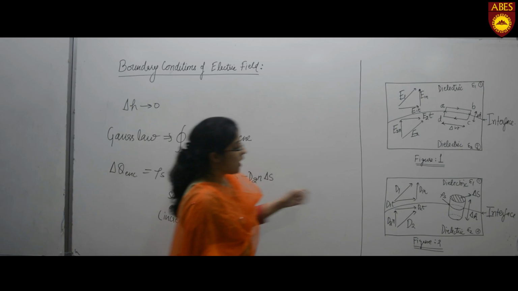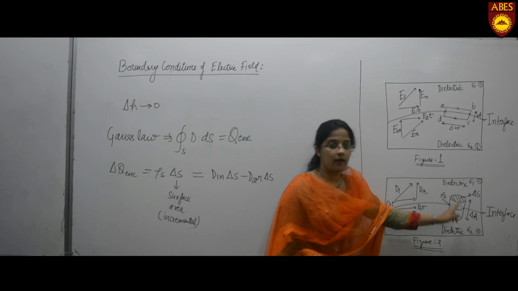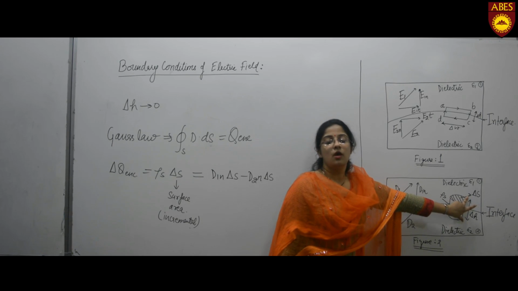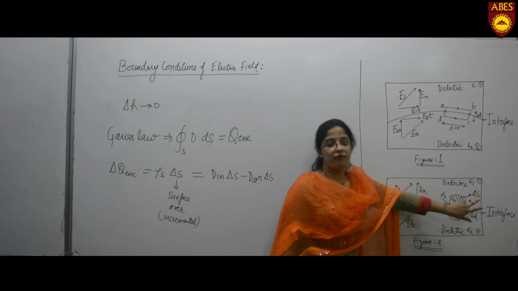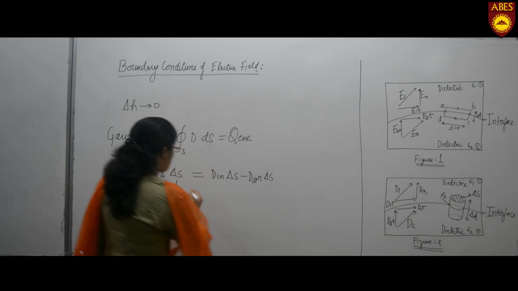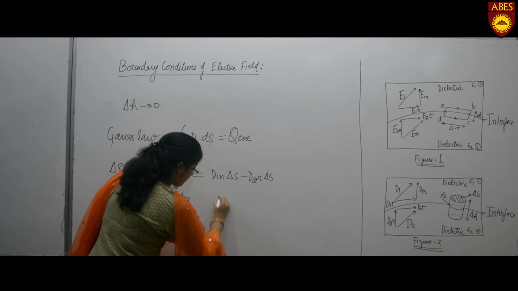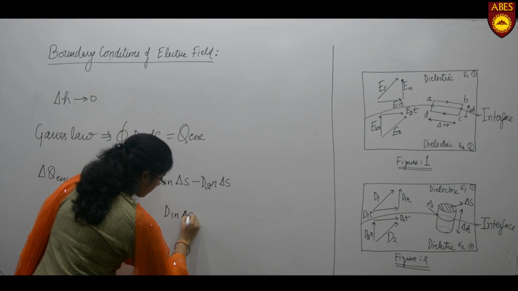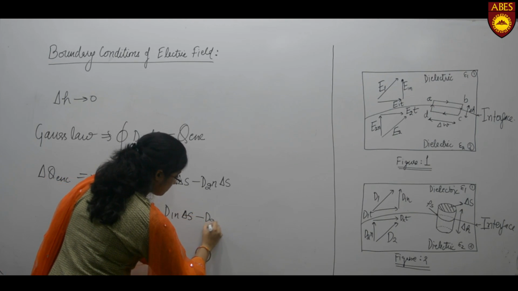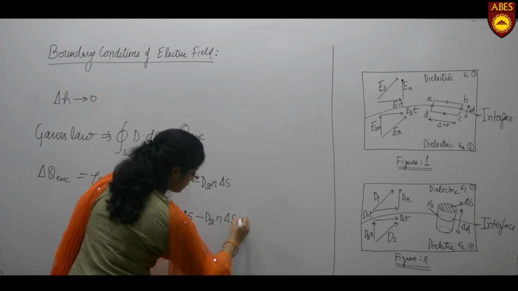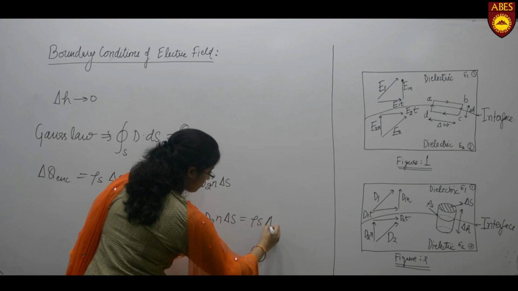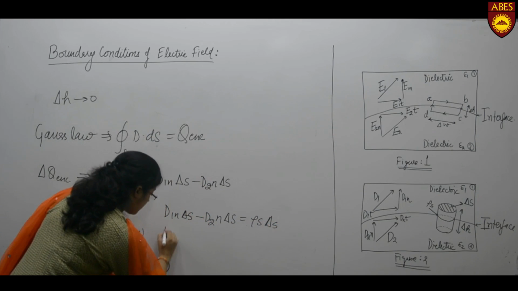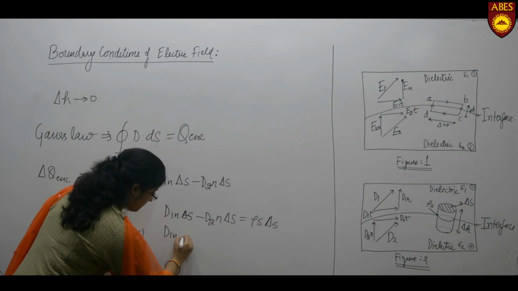In this case, I have removed the curved area contribution because I have already mentioned that del h is very small, so the contribution for this can be ignored. Now the equation becomes, so from this equation the del s part can be removed, then the final equation will become as follows.